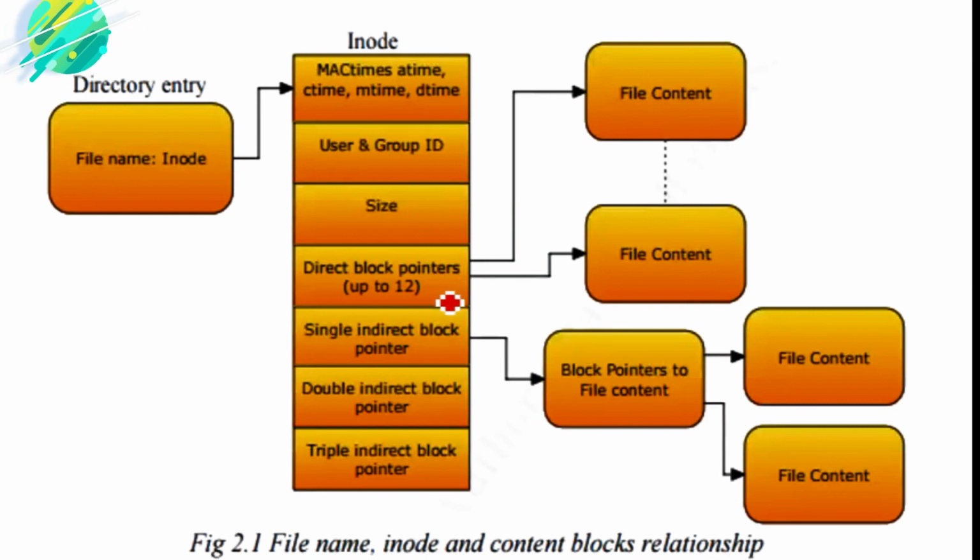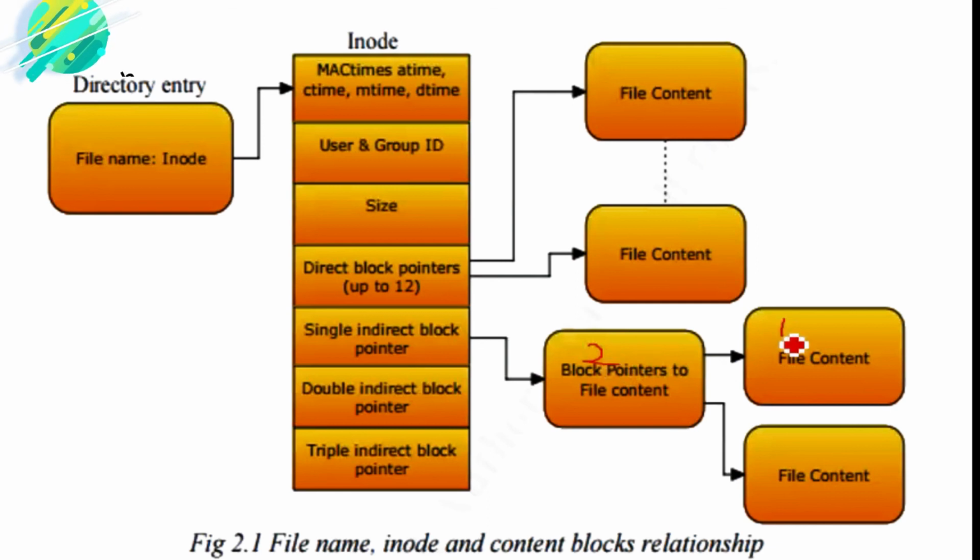Now here you can see the direct pointers. Direct pointers means you can directly access the file, or you can have a single indirect pointer. That means the file size is quite big, you cannot store the file in one location, so you have stored the file at multiple locations. At first location you have the pointer number 2, which says the file is partitioned into two parts.